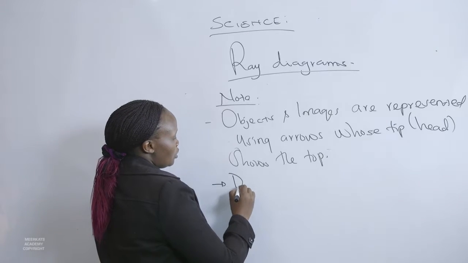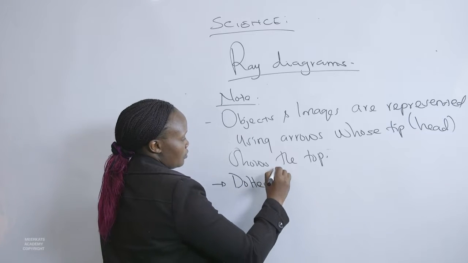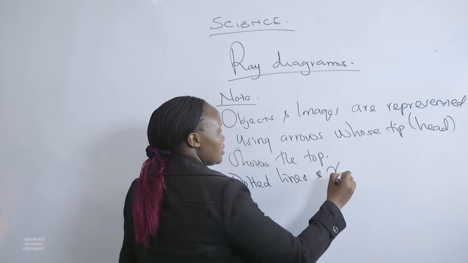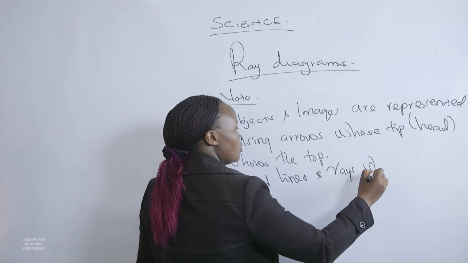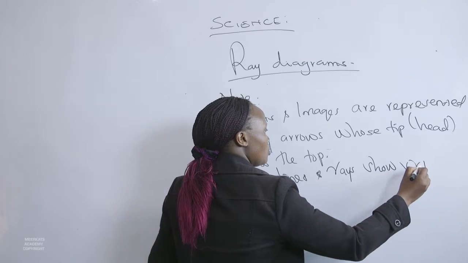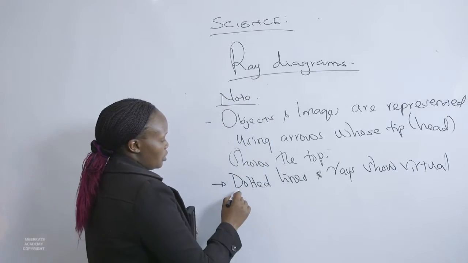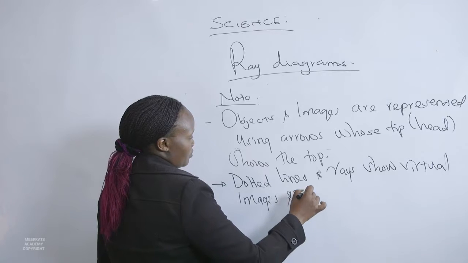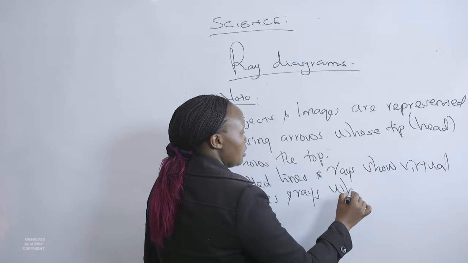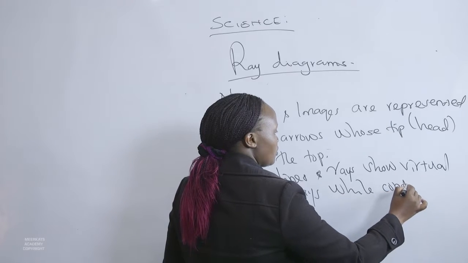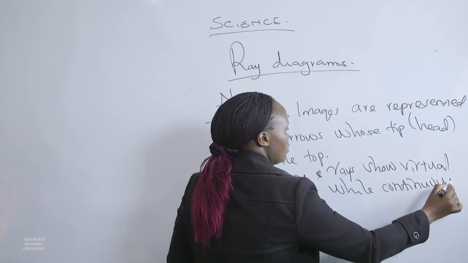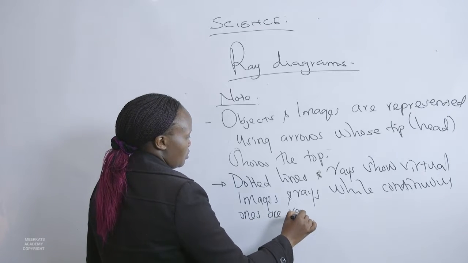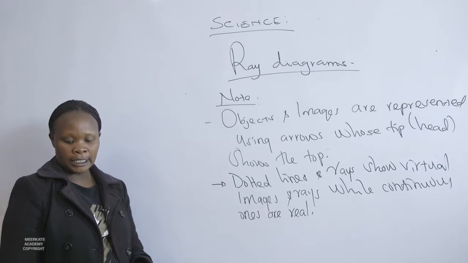So, dotted lines and rays show virtual images and rays, while continuous ones are real.